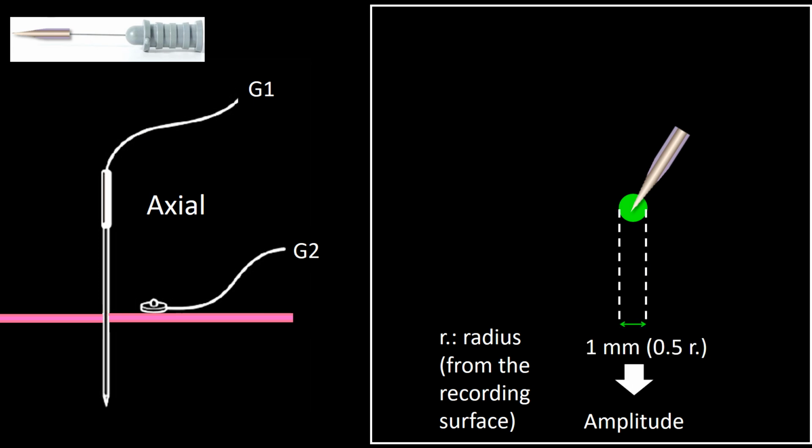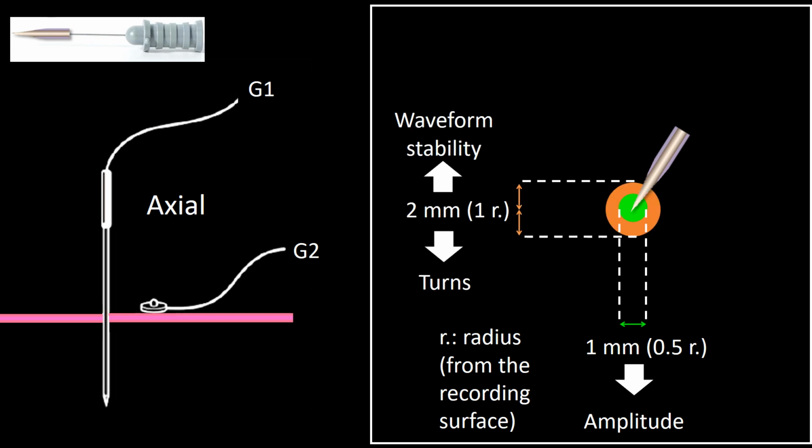So amplitude, as we have just mentioned, is dictated by the muscle fibers' action potentials traveling within 0.5 millimeter from the electrode recording surface. The turns and waveform stability reflect the muscle fibers' action potentials traveling within 1 millimeter radius from the surface of the electrode.